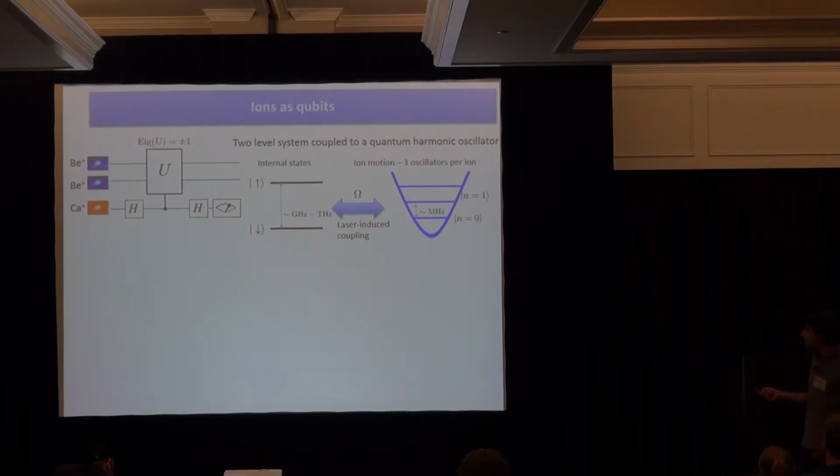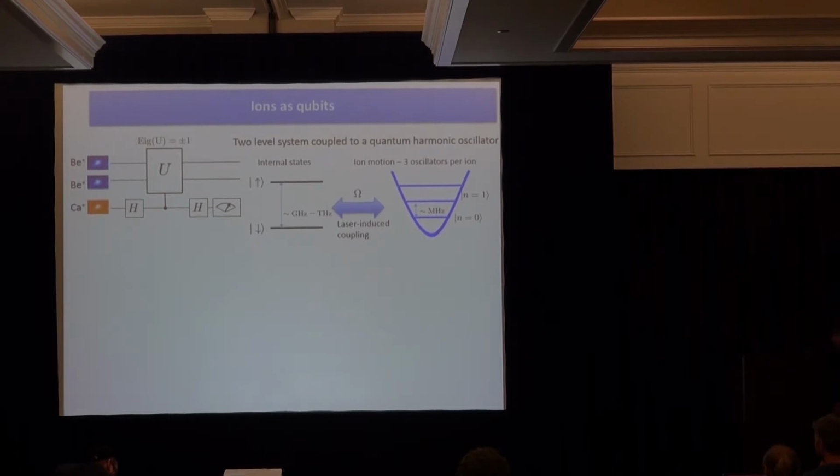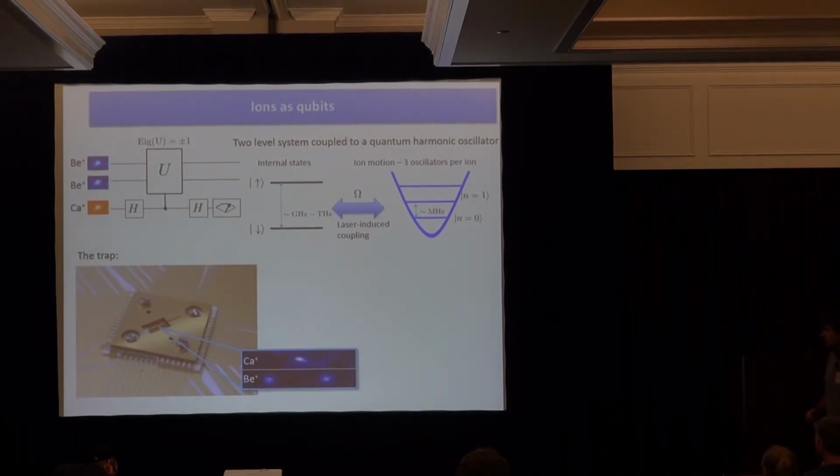This energy splitting goes from gigahertz, if we have a microwave qubit, which we have in beryllium, to hundreds of terahertz, like calcium, an optical qubit. And the quantum harmonic oscillator is on the order of megahertz, up to maybe 15 megahertz for the radial modes in beryllium.